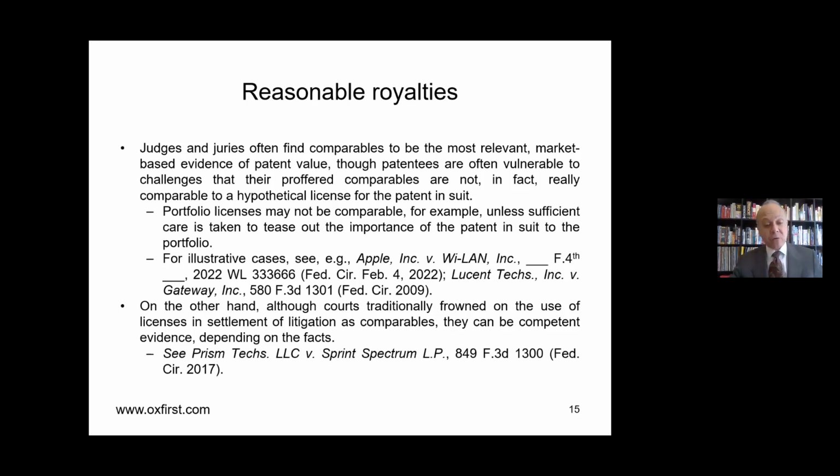The Federal Circuit's 2017 decision in Prism versus Sprint Spectrum basically stands for the proposition that under appropriate circumstances, a settlement license itself can be comparable. We have to examine the totality of the circumstances and see how closely comparable the settlement license is to a license for the patent in suit.